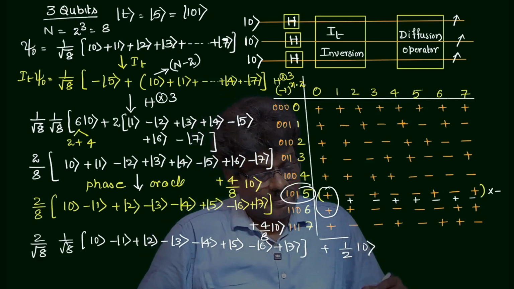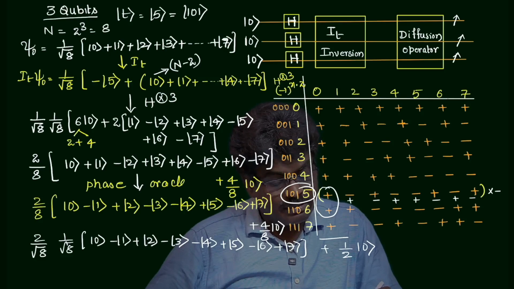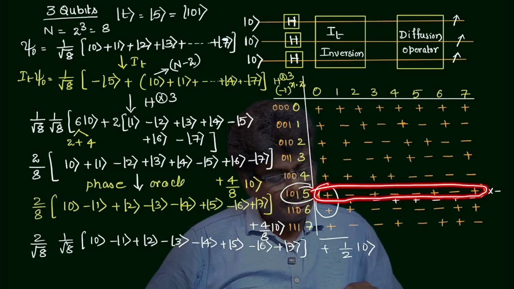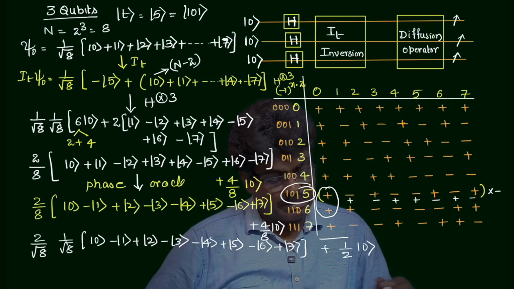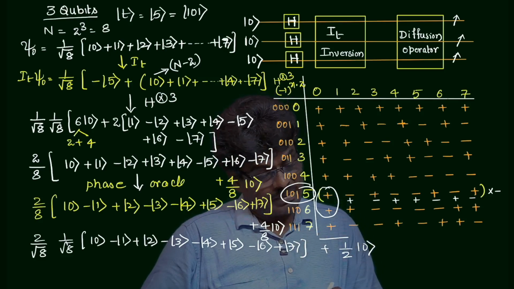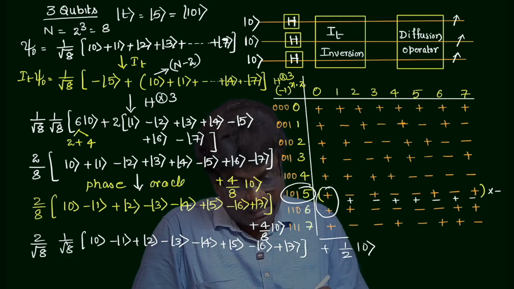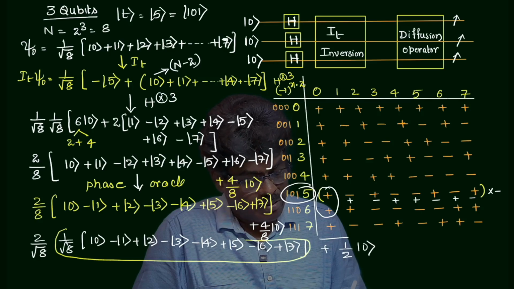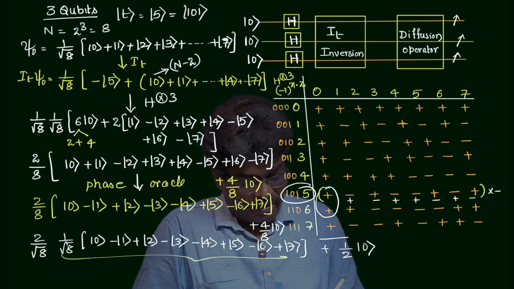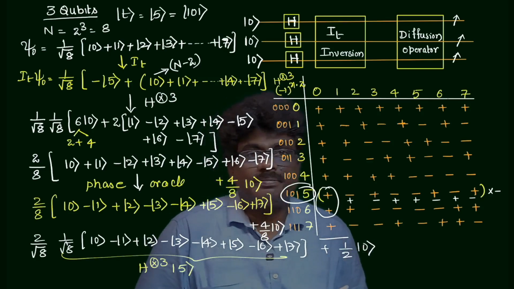Now carefully observe the phases of this, I mean H tensor 3 operates on 5. These are the phases. Please see the top one: plus, minus, plus, minus, minus, plus, minus, plus. So I hope you understand. So this entire thing is nothing but H tensor 3 operates on 5.